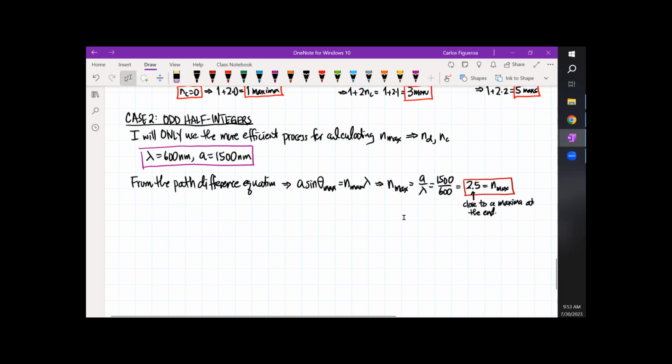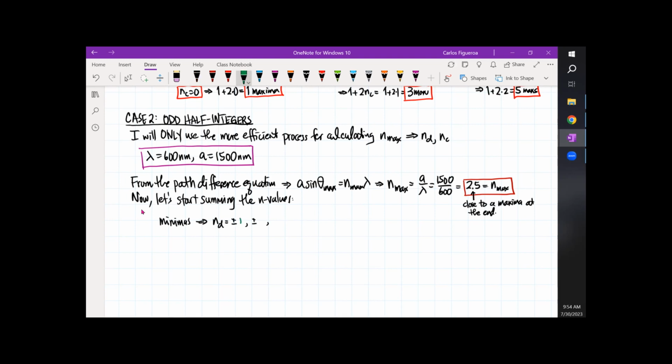Let's start summing the n values. If I look at the minimas, I have ND, and then I go plus or minus 1, plus or minus 2.